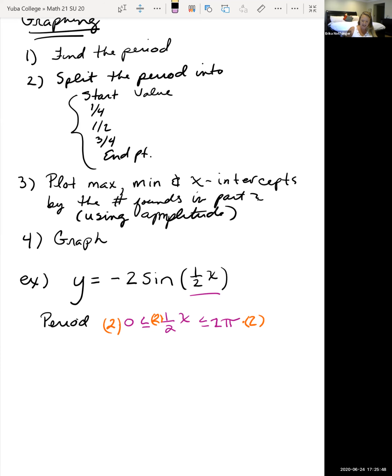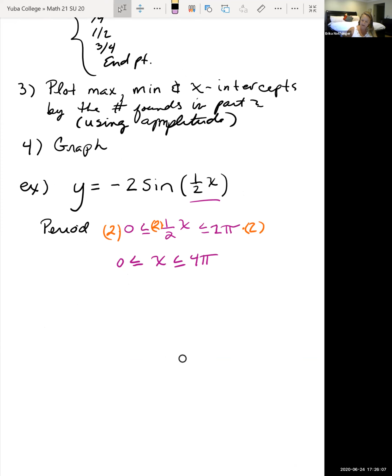Well, 0 times 2 is 0, is less than or equal to x, which is less than or equal to 2 times 2 pi, which is 4 pi. So that actually is a nice one. So our period is 4 pi.